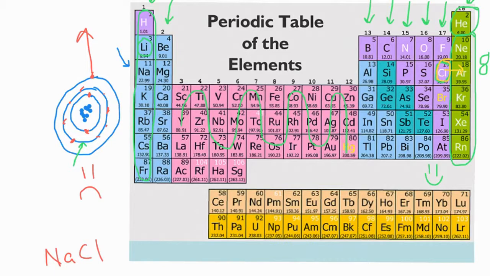And that's why sodium and chlorine tend to make chemical bonds, because sodium wants to get rid of 1 electron, so its outer shell will be full, and chlorine wants to gain 1 electron, so its outer shell will also be full. And we're going to go over that in the next couple slides. We're going to see why elements make chemical bonds in order to make their outer shells complete or full.